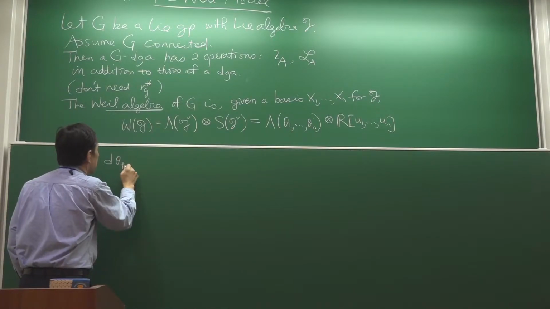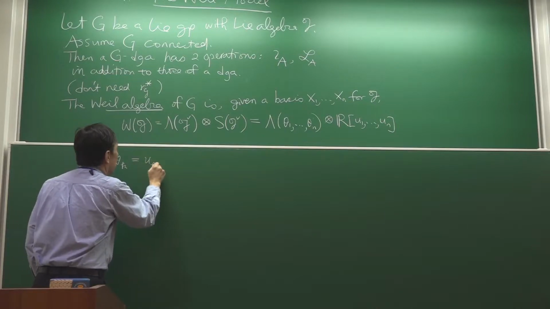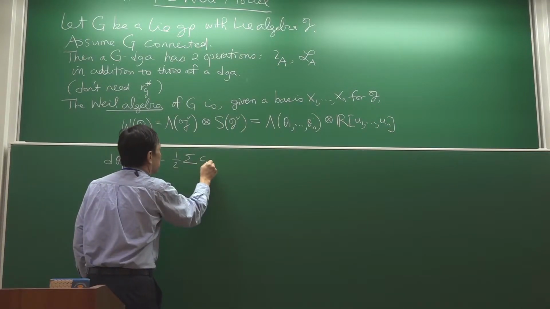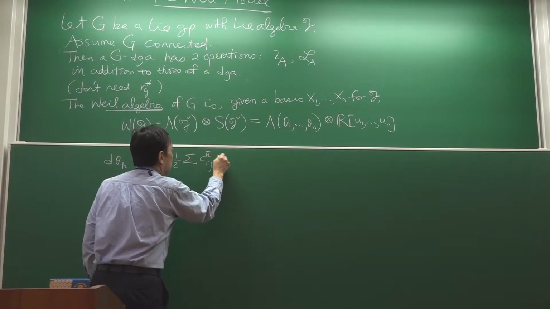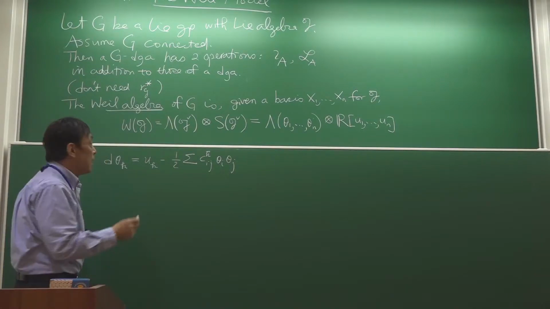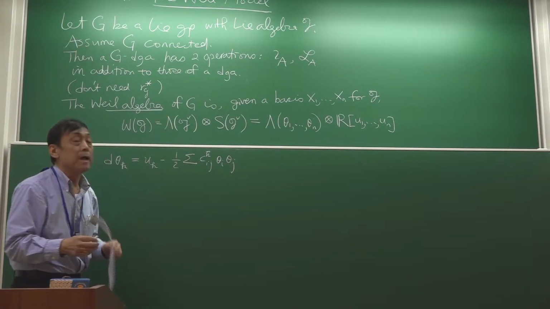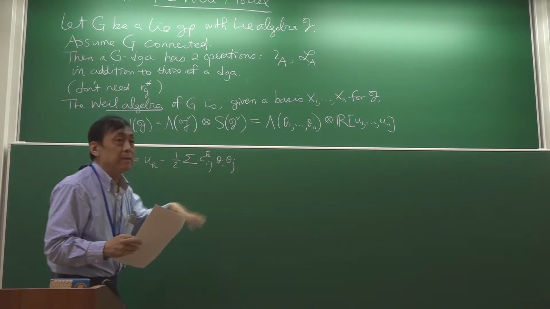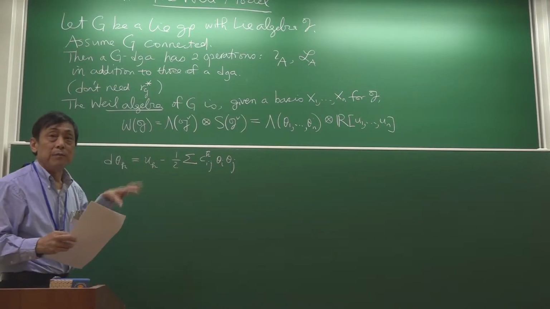D theta_k is u_k minus 1/2 the sum of c_ijk theta_i theta_j, okay? And that formula comes from the fact that you want the Weil map to be a morphism.